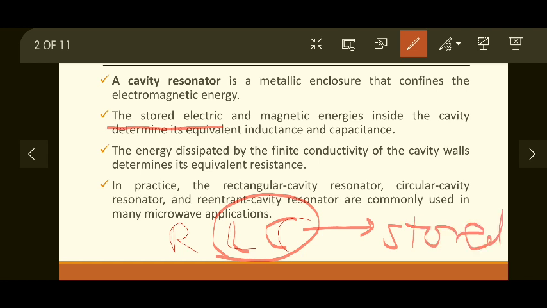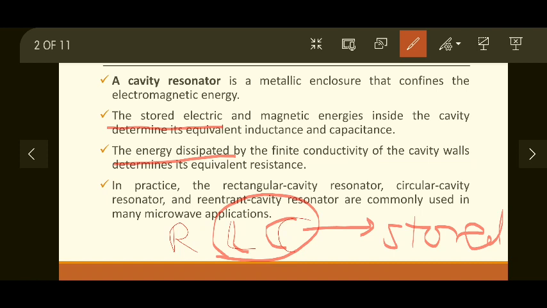Now, inside the cavity, not the entire energy generated will be stored. Some of that energy will be dissipated, or drained out by the cavity also. So energy dissipated by the finite conductivity of the cavity walls is determined by its equivalent resistance. Why is energy leaked or dissipated?